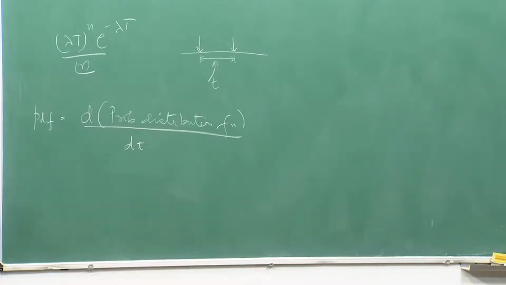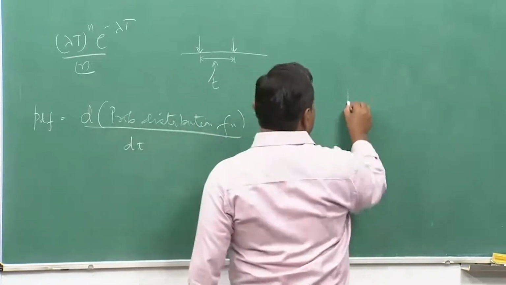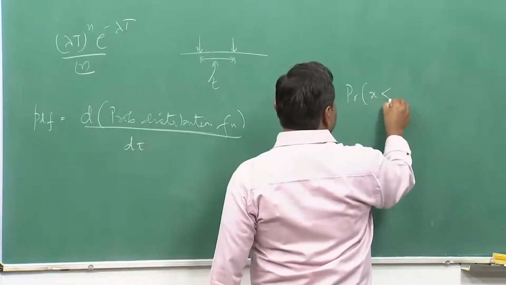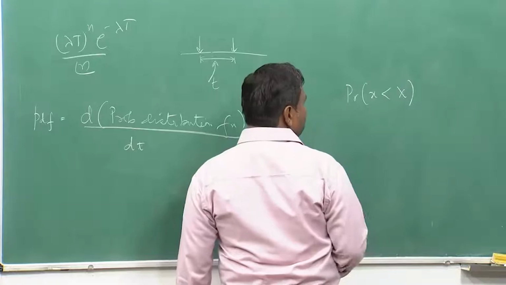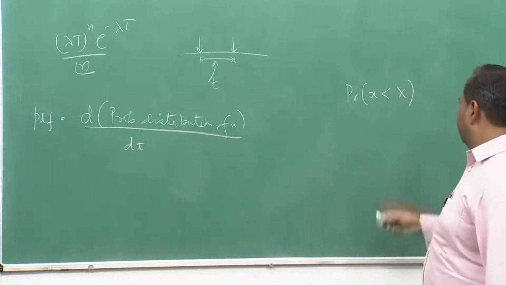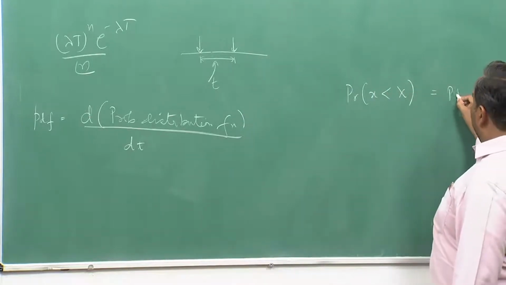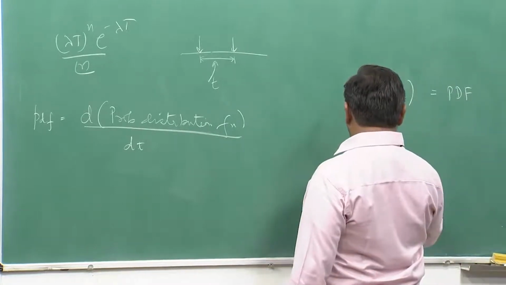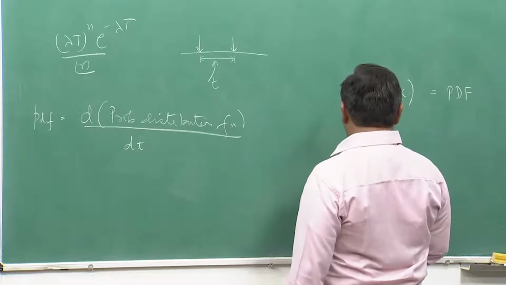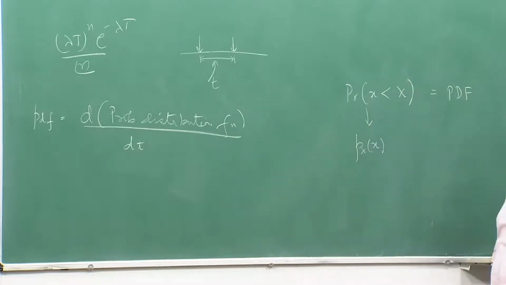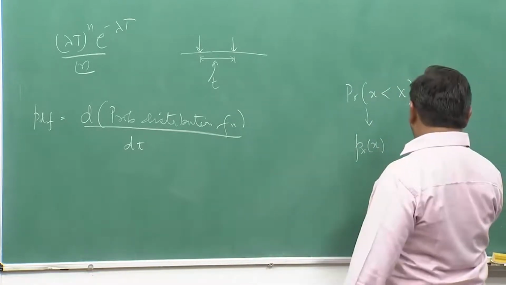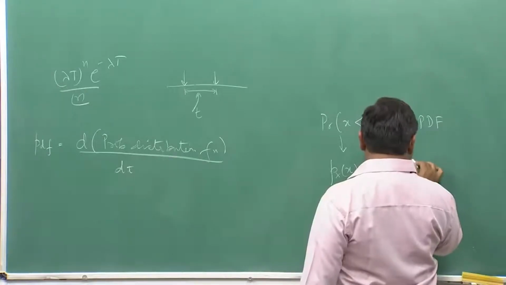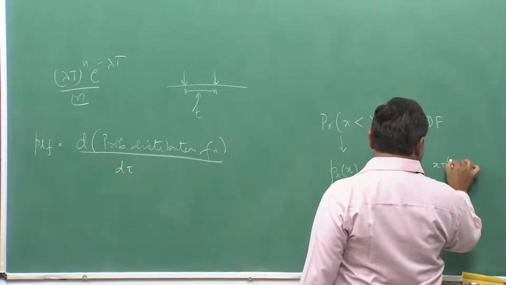So, I think this is very similar: the probability that x is less than capital X gives you the probability distribution function. You take the density, you define something like the probability density function. So, the variable x is going to be in the range x to x plus dx.